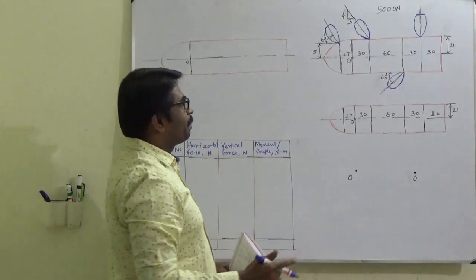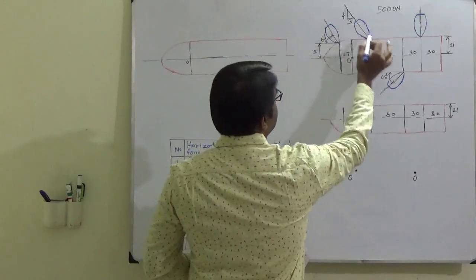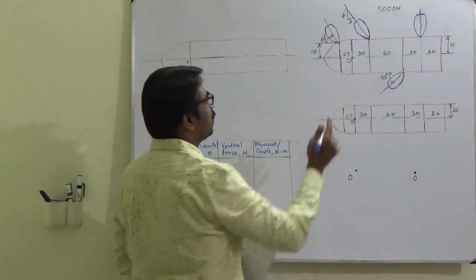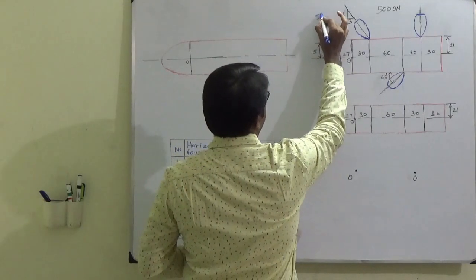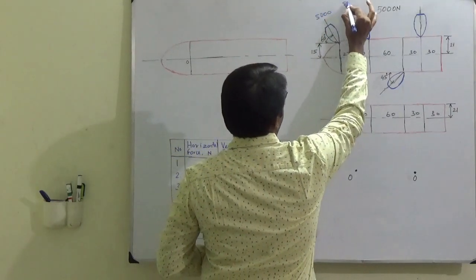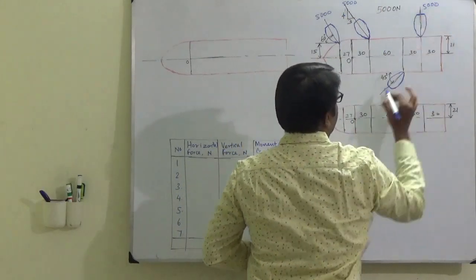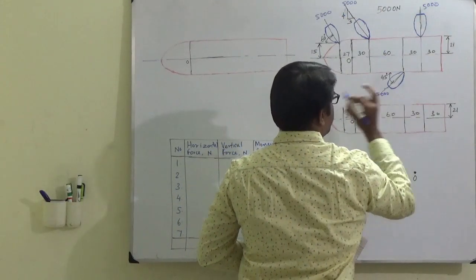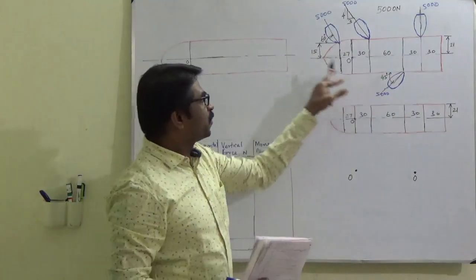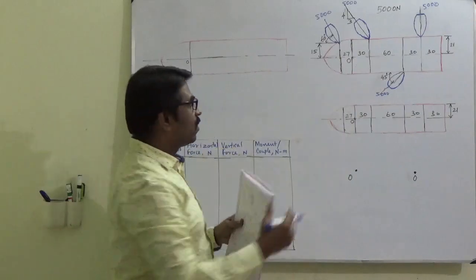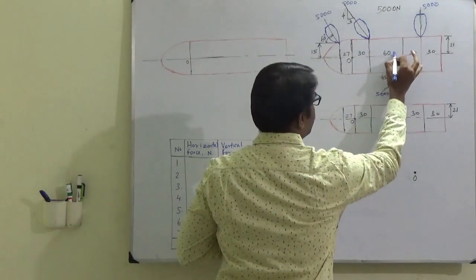So now, all these tugboats are exerting 5000 Newton force. So this is 5000, this is 5000, this is 5000, and this is 5000. But these forces are inclined and the distances are given. All these distances are in meters.